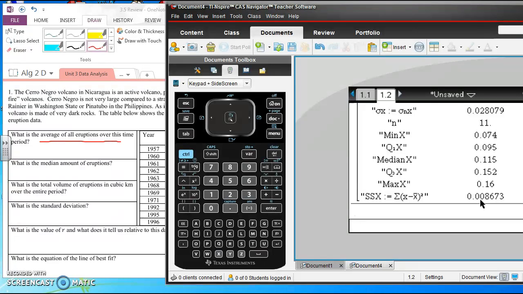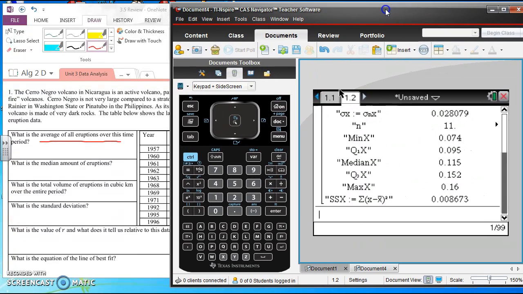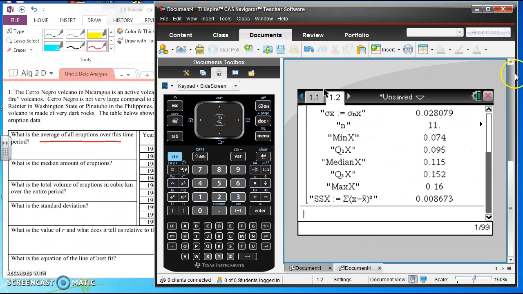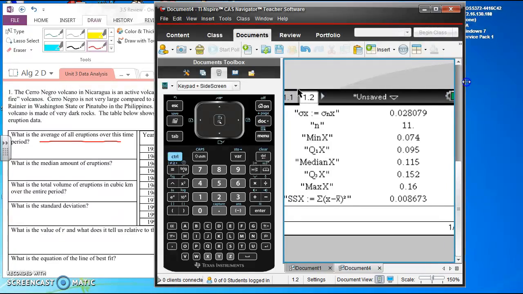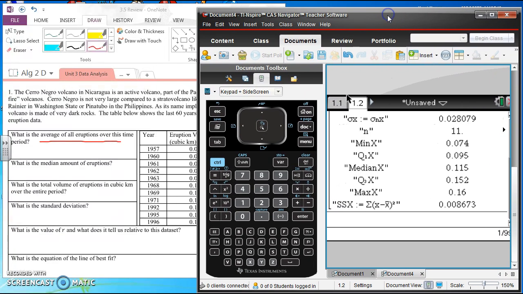So if I look at that, I have to make this calculator a little bit smaller. Sorry about that. So the average is x bar.